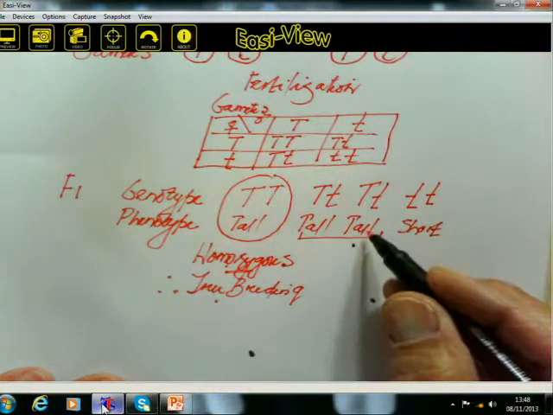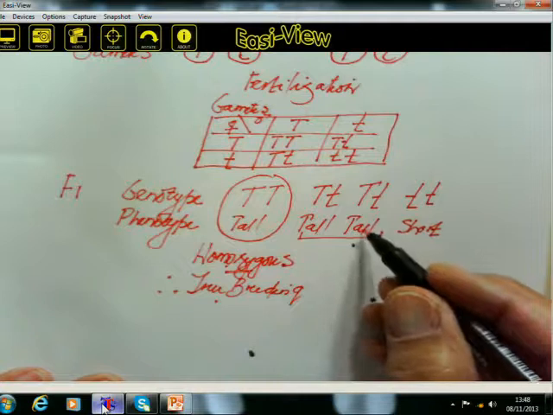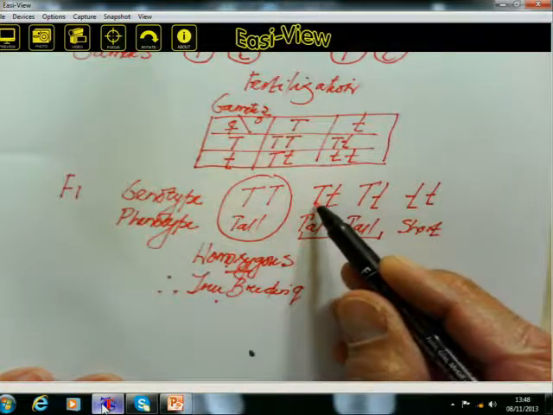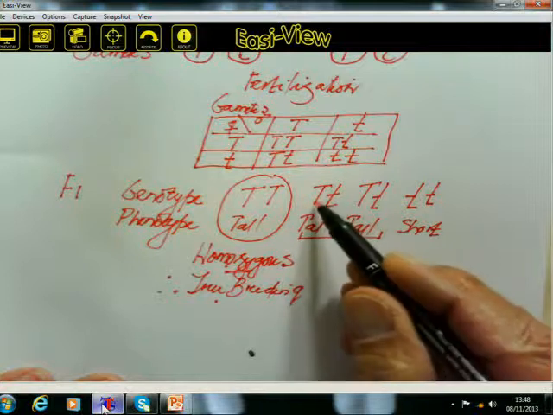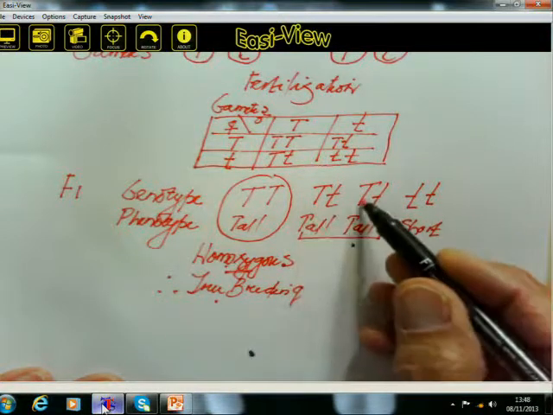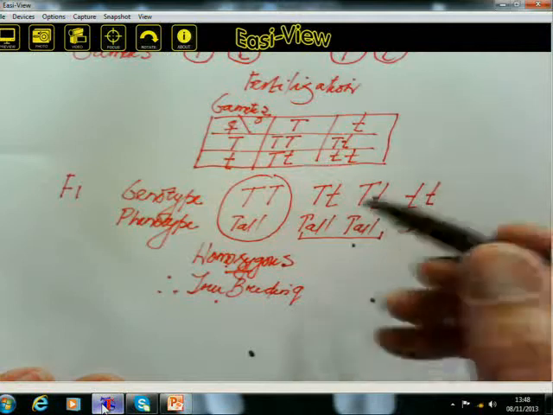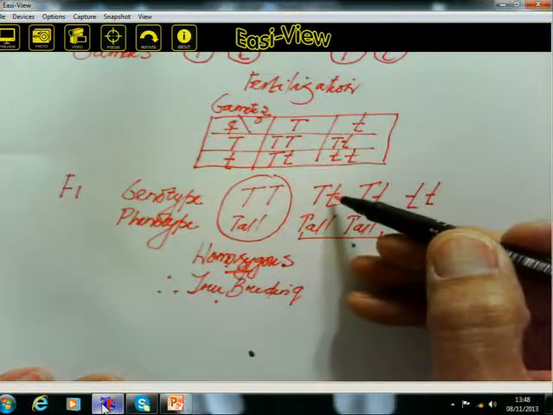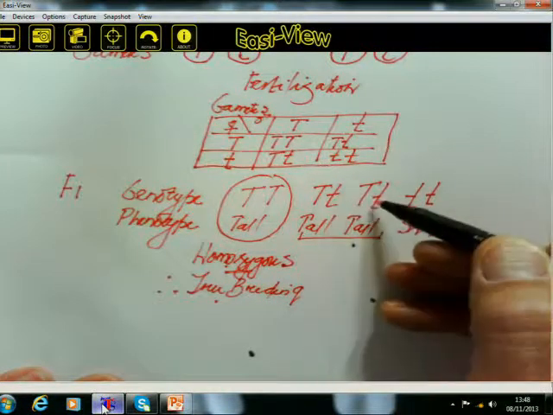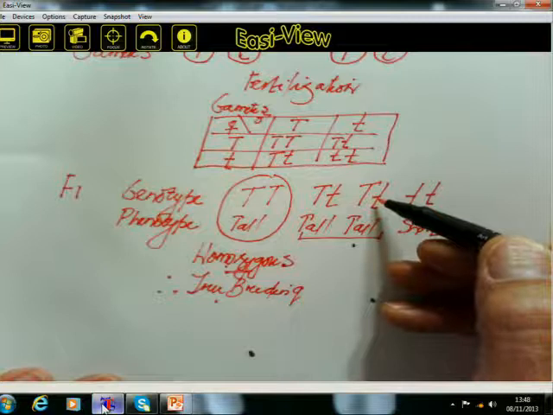Phenotypically, both are tall. How do I know that? That capital T tells me that is the dominant characteristic, the dominant allele. Consequently, the small letter tells me it is the recessive allele, and there's the recessive allele again.